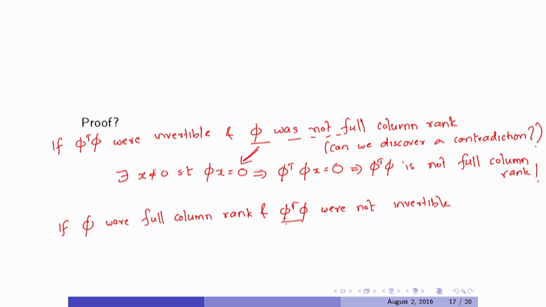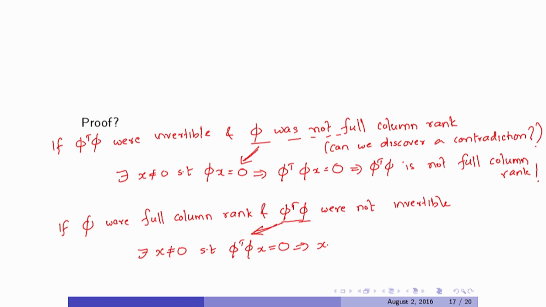We can discover a contradiction in a very similar manner. So if phi transpose phi were not invertible, there exists an x not equal to 0. Phi transpose phi, remember, is a square matrix, so its non-invertibility means it's not full column rank or full row rank, which means for some non-zero x, phi transpose phi x is equal to 0.